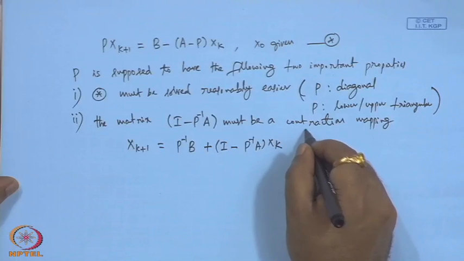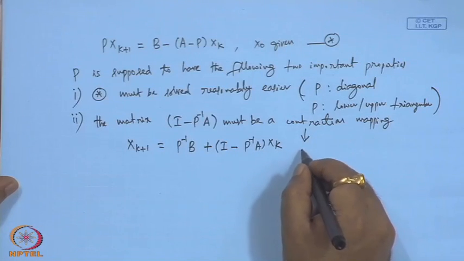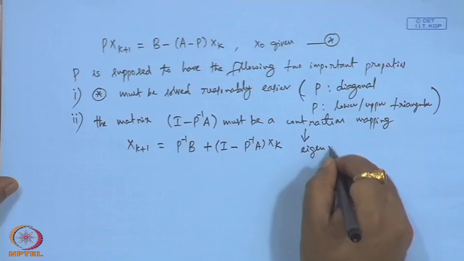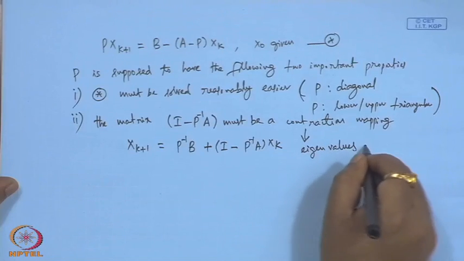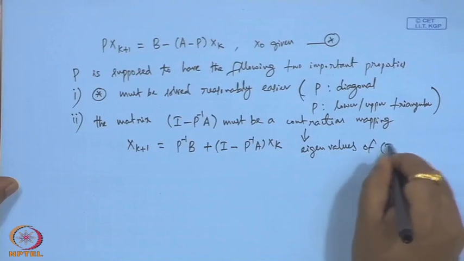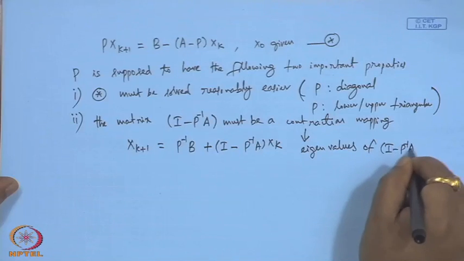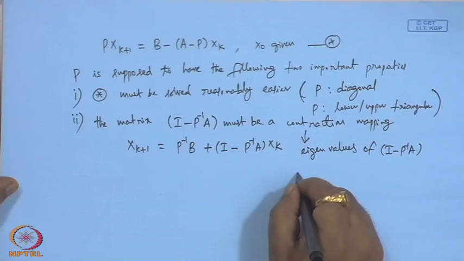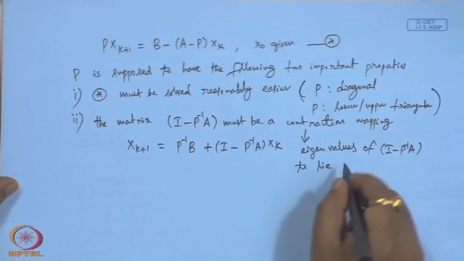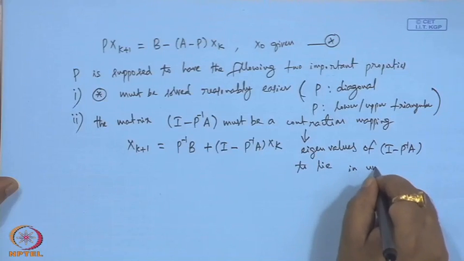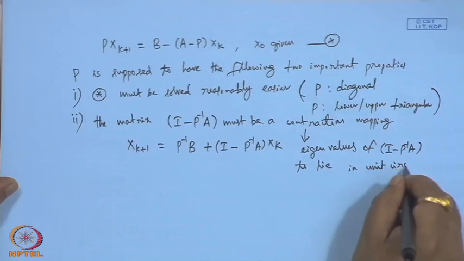In other words, the eigenvalues of this must lie in a unit circle.